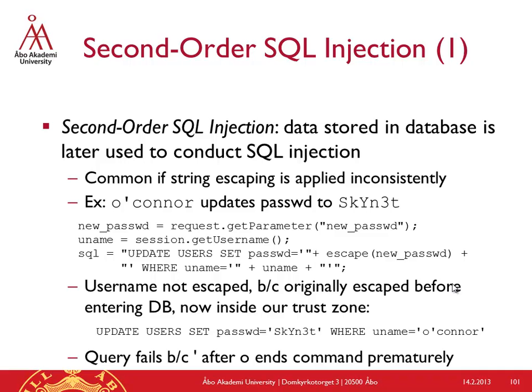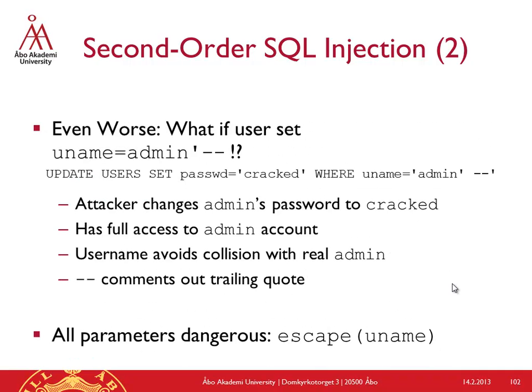But if we have another user there with this interesting username, which was not escaped for some reason, and we try to change the password, basically this request will look like this, and this request will finish at this place of the string. So what will it do?